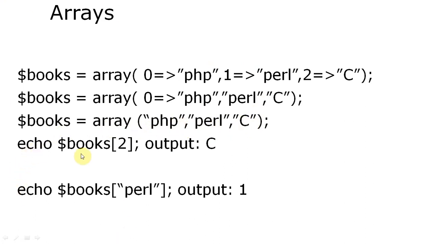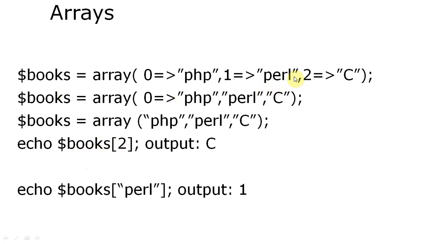Suppose we have to print the second position of the books array. We write echo and then dollar books, and we are printing the second position of the books array.